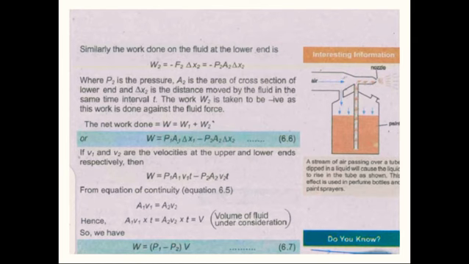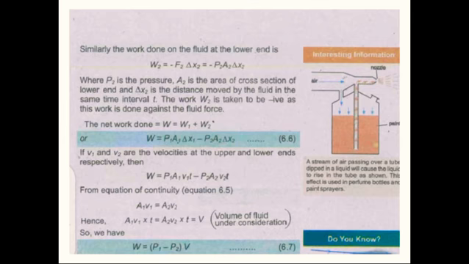W2 is equal to minus F2 delta x2, while F2, as we have discussed in the last steps, is written as minus P2A2 delta x2. So this is the amount of work done along the lower end. Hope so girls, all steps are clear to you till this point, where P2 is the pressure, A2 is the cross-section area of the lower end, and delta x2 is the distance moved by the fluid in the same time interval delta t.